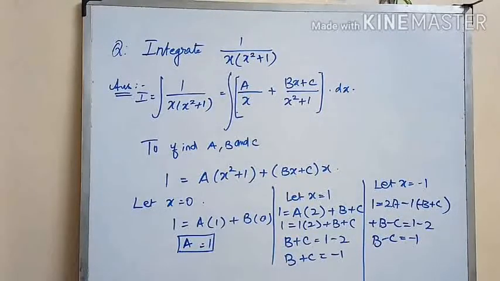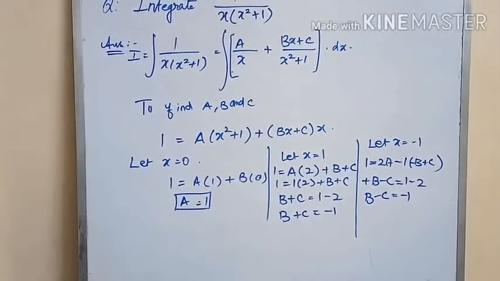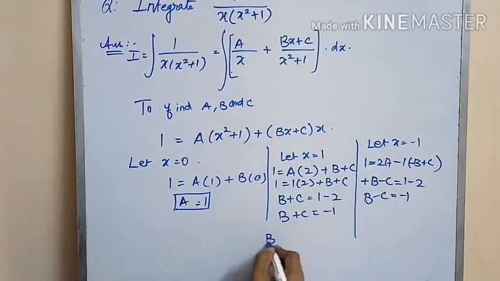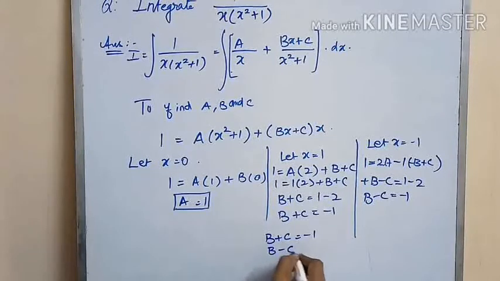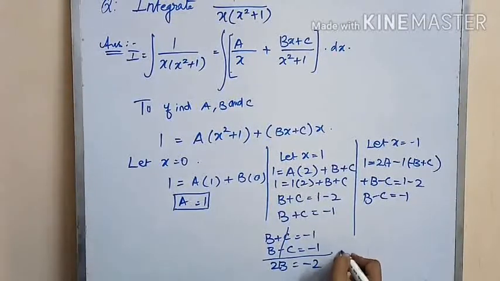Solving these two equations, b plus c is equal to minus 1 and b minus c is equal to minus 1, we can get the value of b. So b is equal to minus 1.